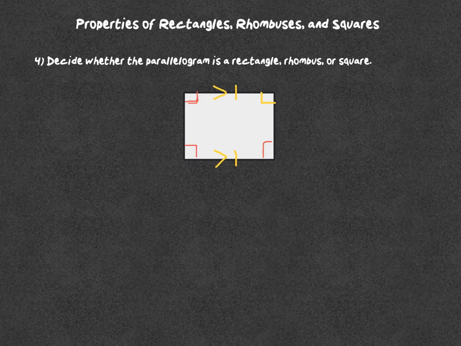And then I also see that my opposite sides are parallel and congruent, so that tells me it's a parallelogram. So a parallelogram with all right angles is a rectangle. So this is a rectangle by definition of rectangle.